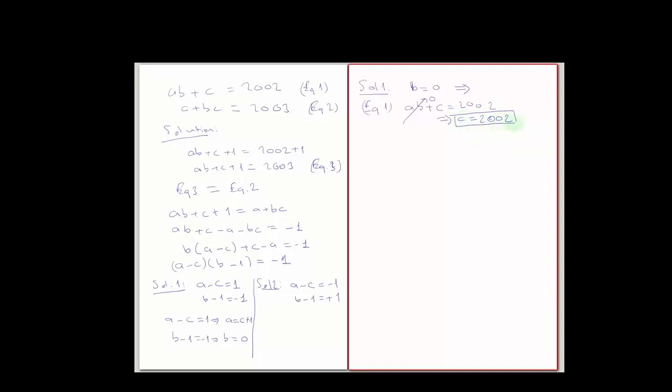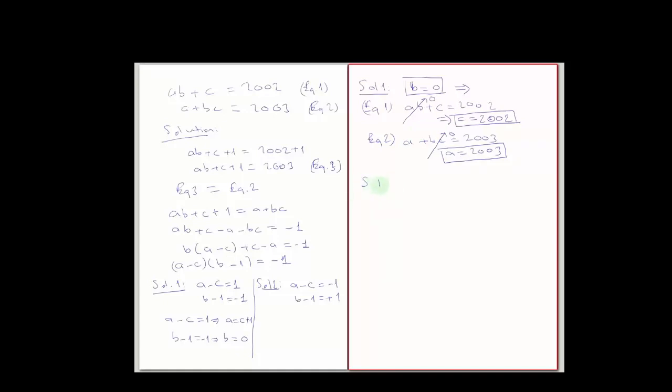So now we found C. From equation 2, A plus BC is equal to 2003. Since B is 0, this part is 0, then A is 2003. We found A also. Very good. So for solution 1, we found all the variables.